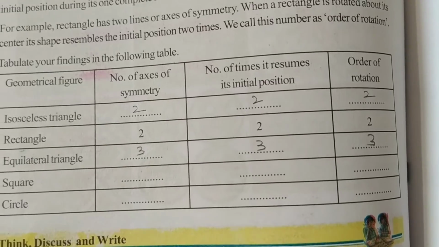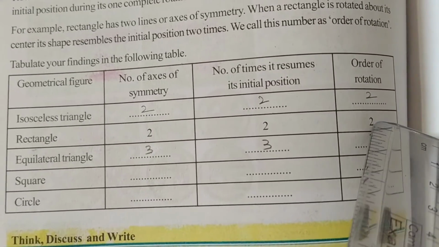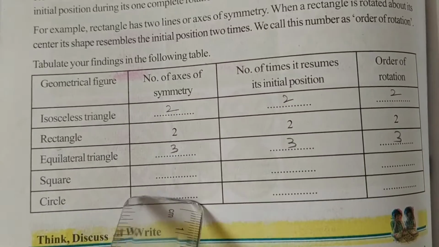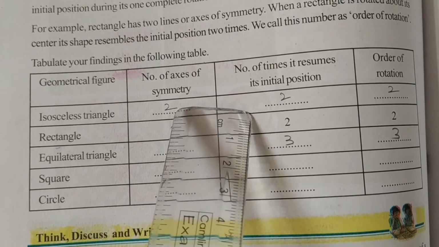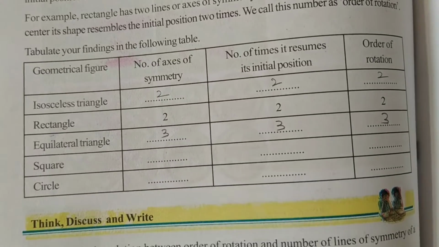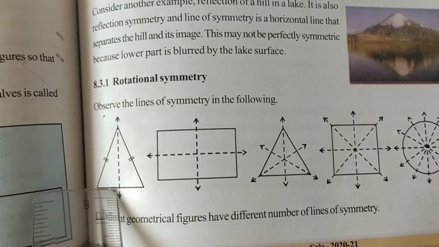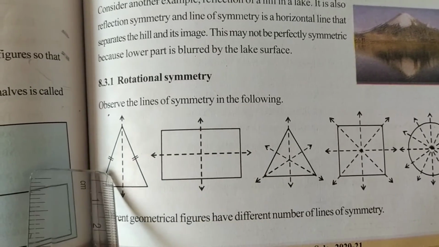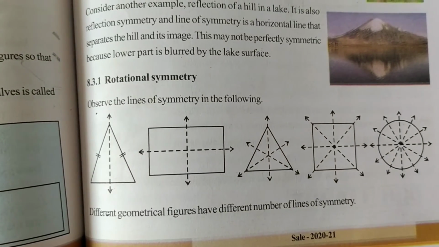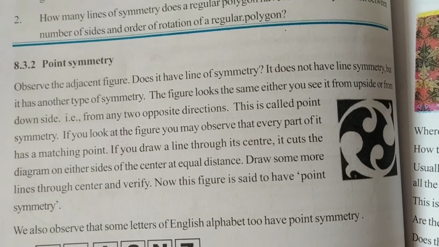Next, the number of times it resumes its initial position is also 2, and the order of rotation is also 2, and similarly all are the same. For the isosceles triangle it is 2, and for the equilateral triangle it is 3. See here, for the isosceles triangle these are the two sides, and this is the equilateral triangle where we have 3 axes of rotation.